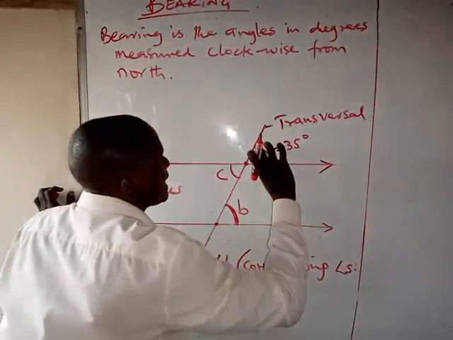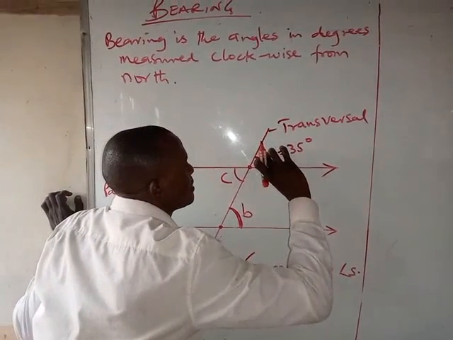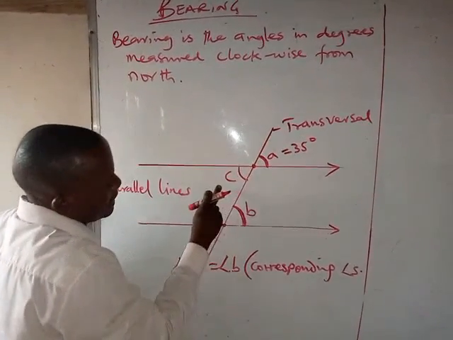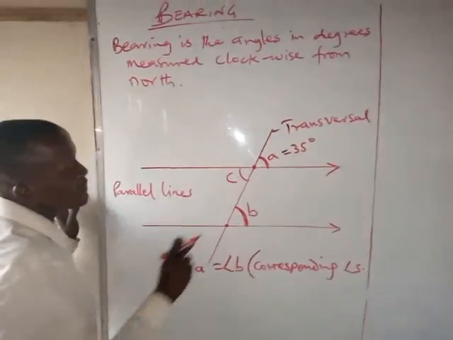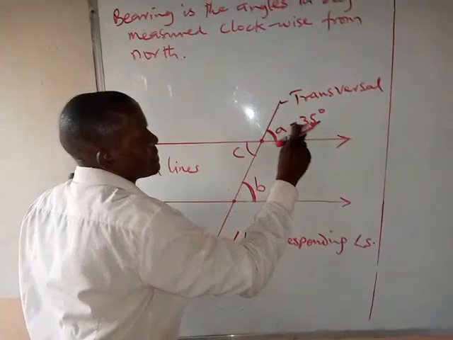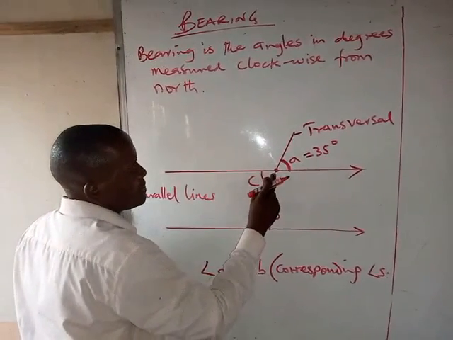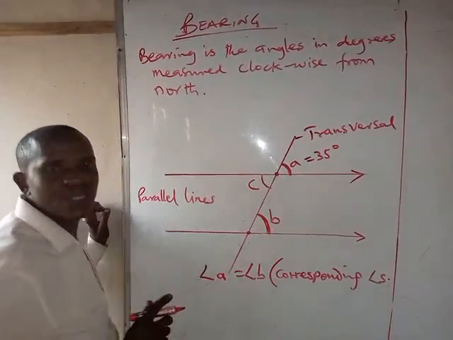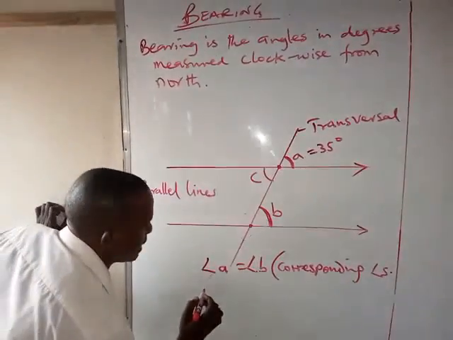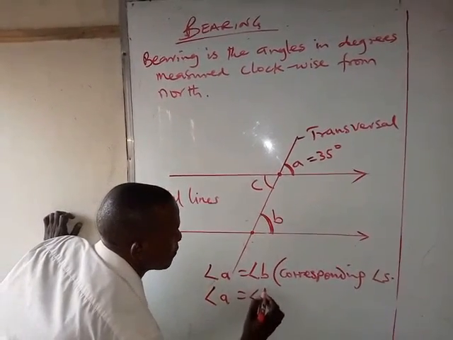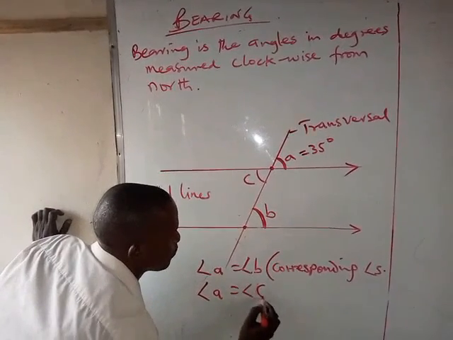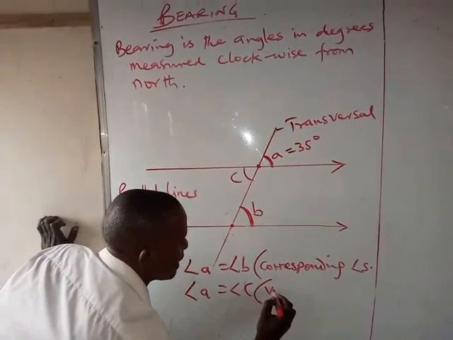Okay? Observe that angle A is vertically opposite to angle C. That means if angle A is 35 degrees, it means angle C also is 35 degrees. So I say angle A is equal to angle C, which is what?